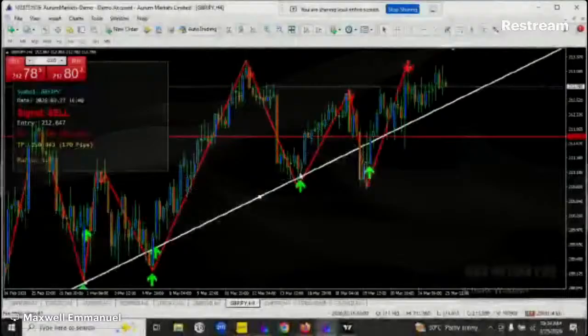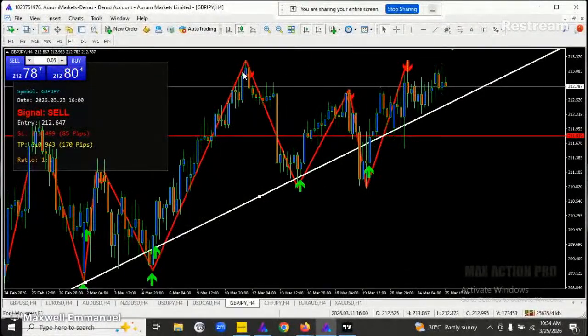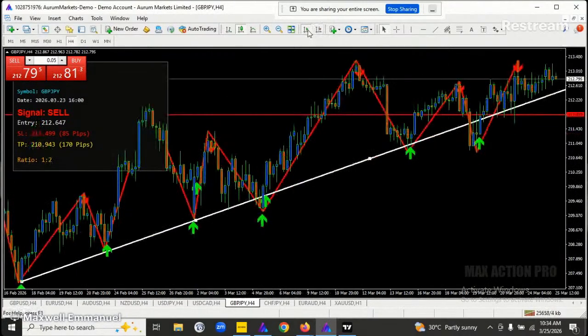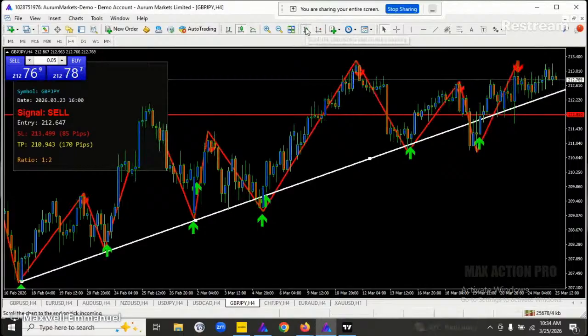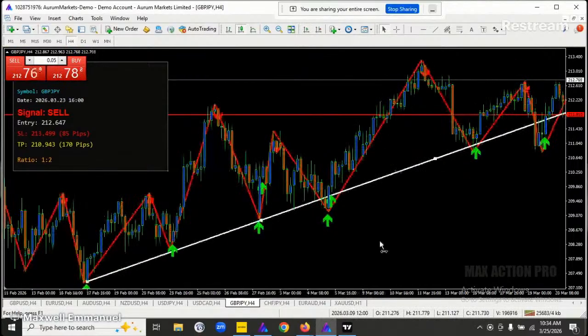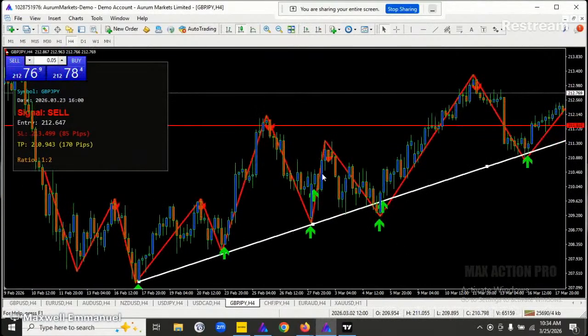It gave us a buy signal here, we bought, we made profit. Gave us a sell signal here, we sold, we made profit. Gave us a buy here, 1 to 2 risk reward. We bought and we made profits. Gave us a buy here.